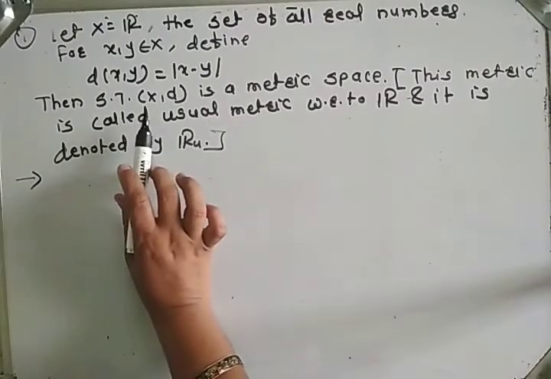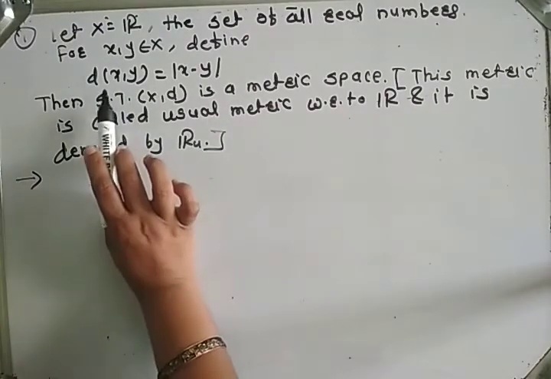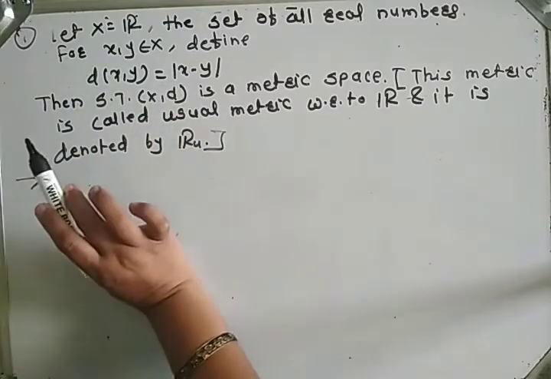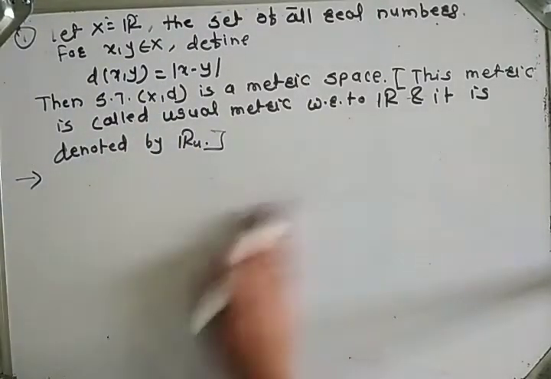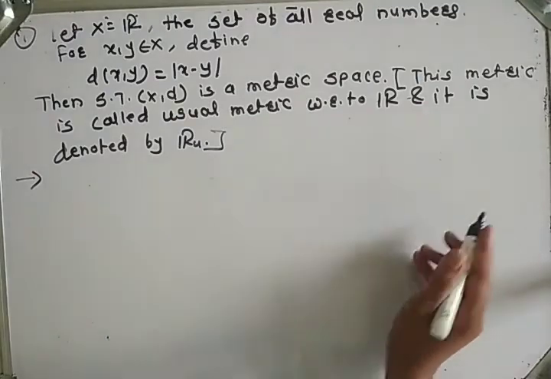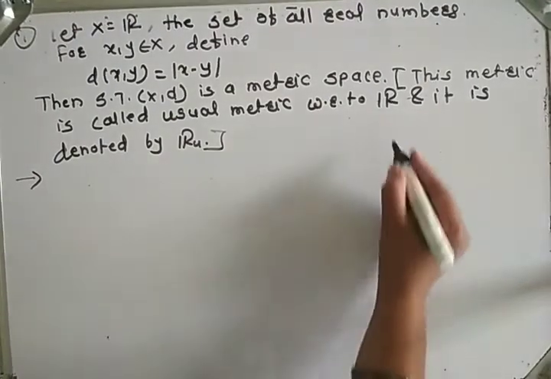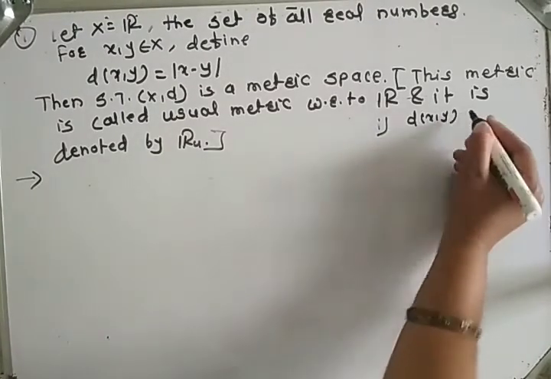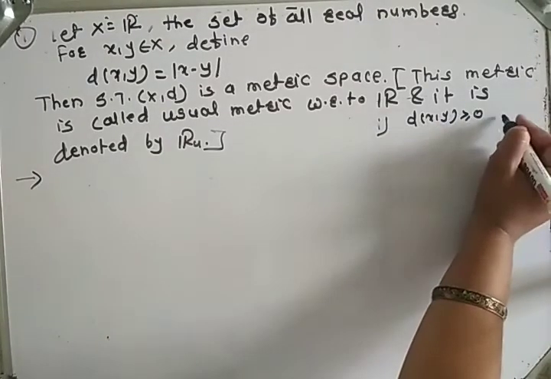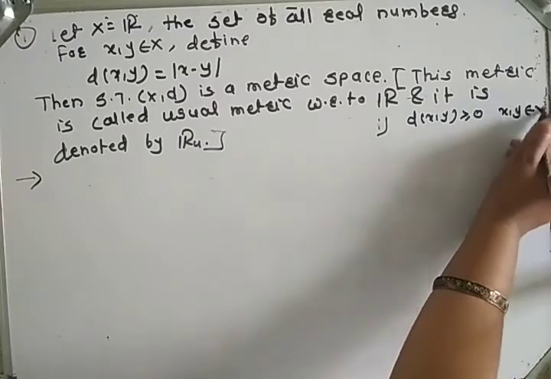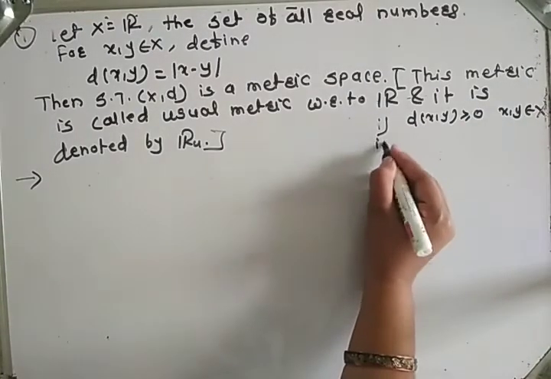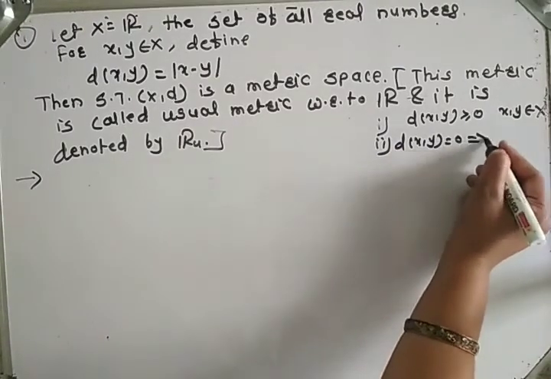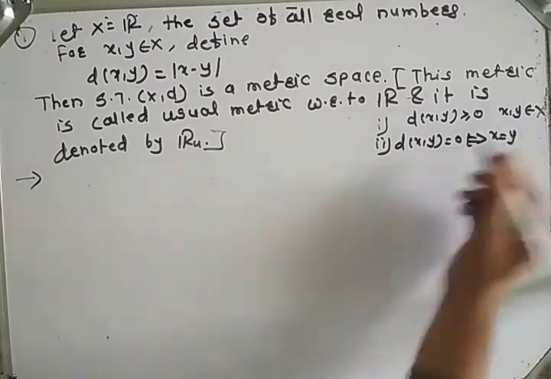Now in this example we have to show that d of x comma y is equal to mod x minus y is a metric space. For this we have to prove all the four properties of metric space. First property is d of x comma y is always greater than or equal to 0, x comma y belongs to capital X. Second property is d of x comma y is equal to 0 if and only if x is equal to y.